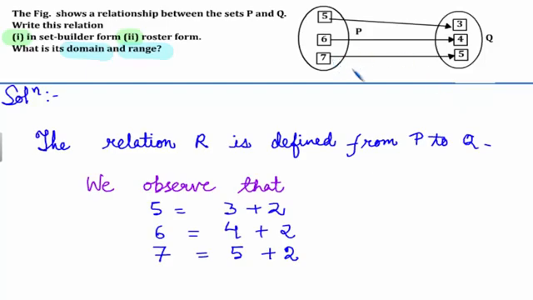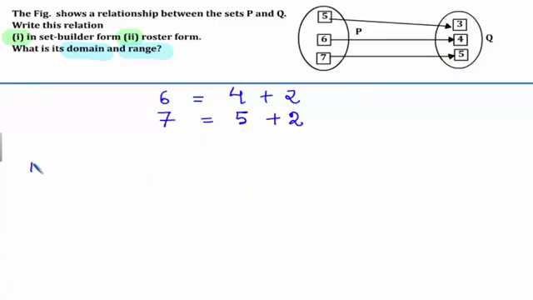So in the relation R, we can see that the first elements are 2 added to the second elements, where 5, 6, 7 are the first elements and 3, 4, 5 are the second elements of the ordered pairs of the relation R.